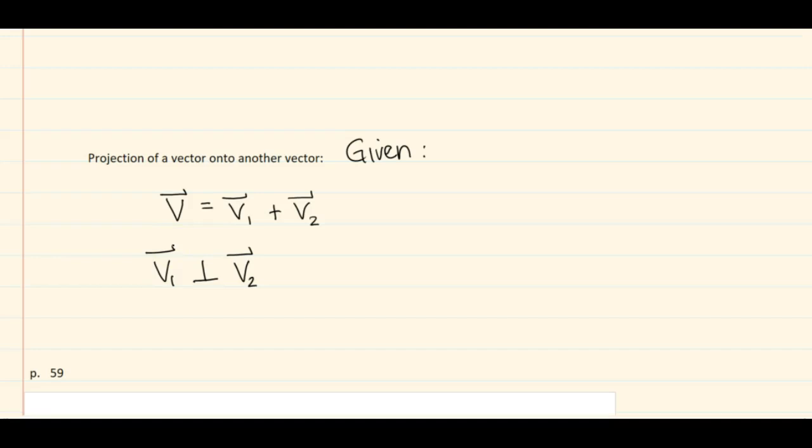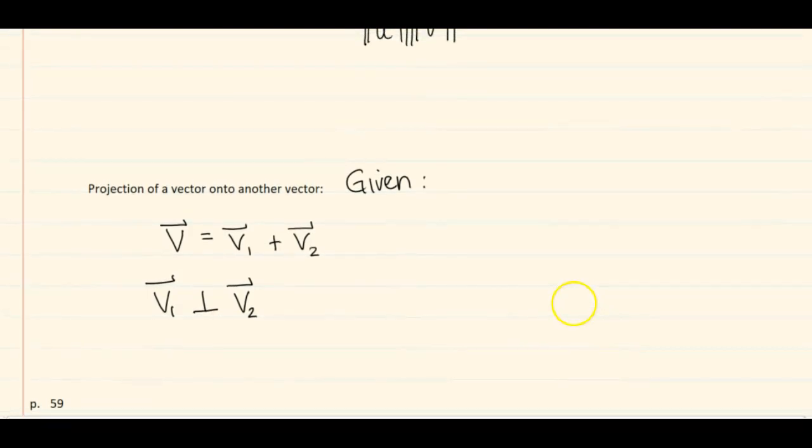The other thing is that we want it projected onto another vector. So let's say we have vector w here and we have vector v here. What we want to do is get one side of my projection, so we're going to put it right on top of here, and we're going to create this vector here, and this one is what we call vector 1.